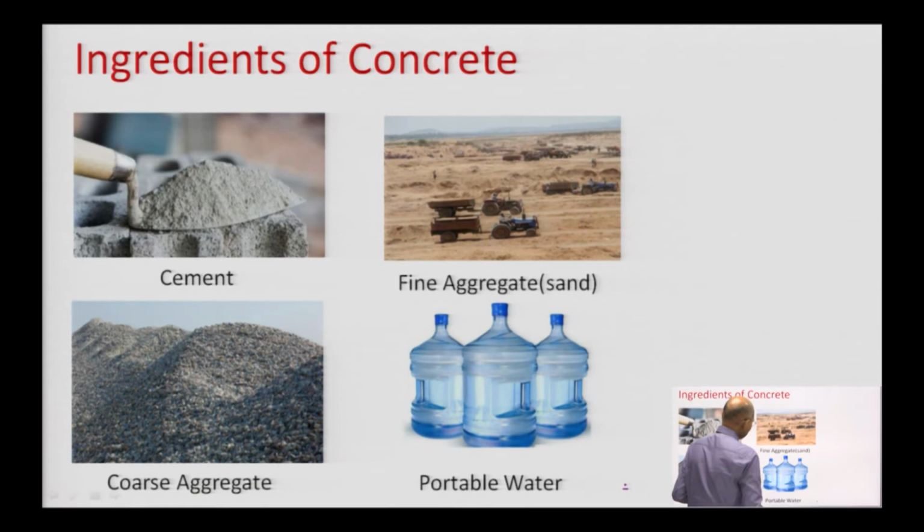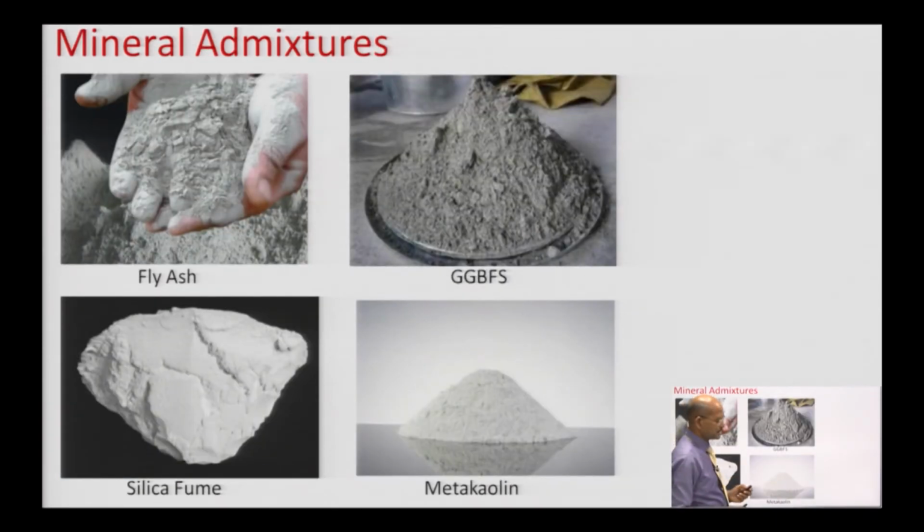So, this is for ordinary concrete, but if you want to produce a very good quality of concrete, in that case we have to use the mineral admixture that I have discussed. Mineral admixtures may be fly ash, silica fume, GGBFS, ground granulated blast furnace slag, metakaolin, or burnt rice husk also you can use.